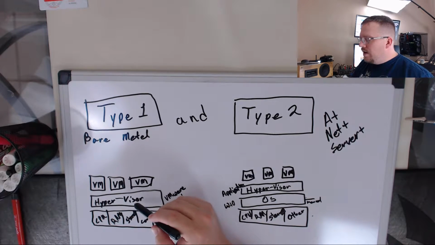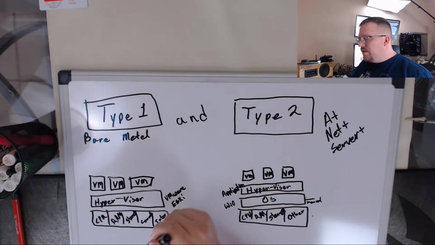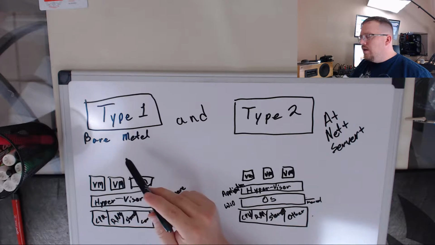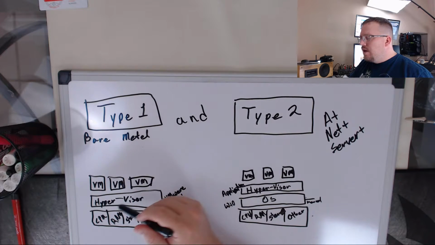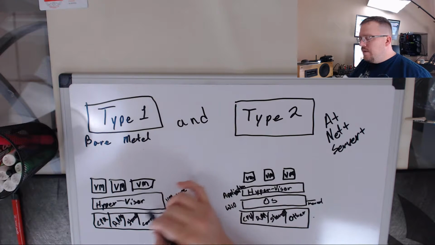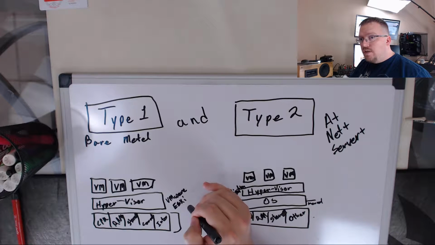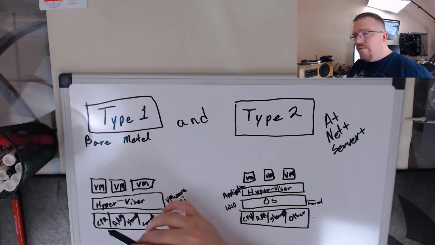As far as over here, in a type 1 hypervisor situation, where you have bare metal, you'll need to provide the hardware right here, and then the hypervisor itself. VMware's ESXi host software is actually free, and you can run VMs off of it.